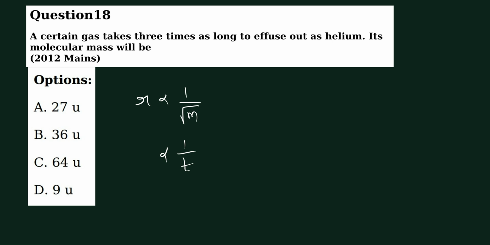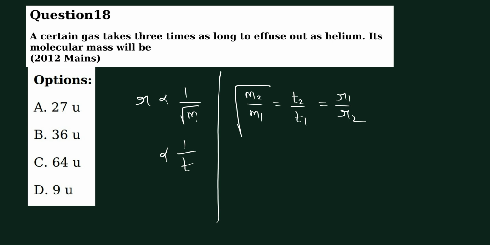The gas which effuses fast will take less time. The gas which has more weight will take more time to effuse. So from this we can make one formula like this: root over M2 by M1 is equal to T2 by T1, which is equal to R1 by R2. Use this formula and find the answer.